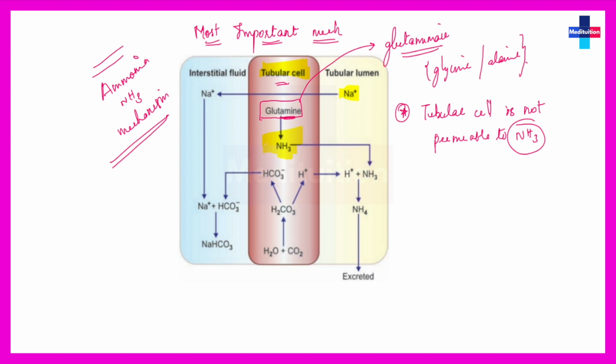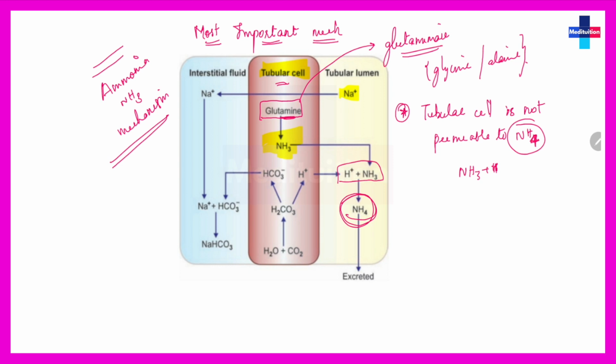The ammonia which is formed in your tubular cells goes into the tubular lumen for exchange. Here NH3 combines with our H plus, and this NH4 is not permeable to our lumen.